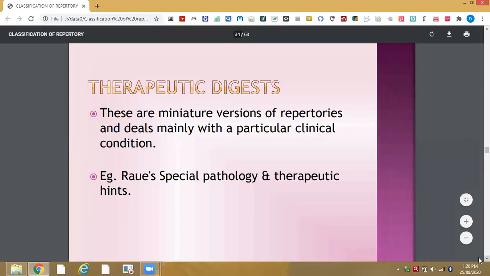According to the disease condition, we get the group of indicated medicines. So for a particular clinical condition, these types of digests, books, are used. For example, Rose's Special Pathology and Therapeutic Hints. This is the therapeutic digest or therapeutic repertory.